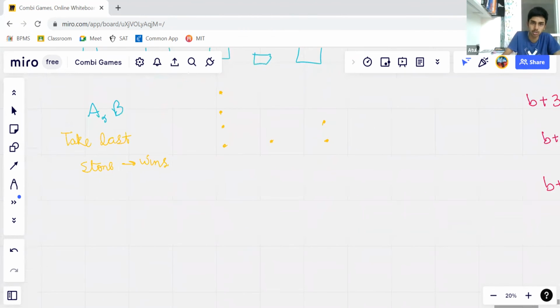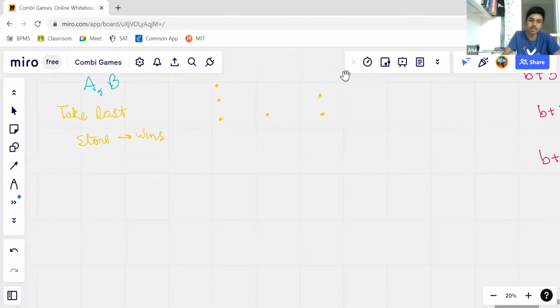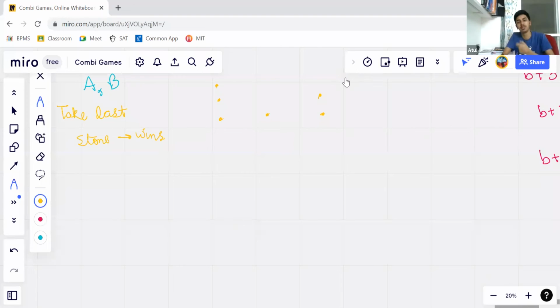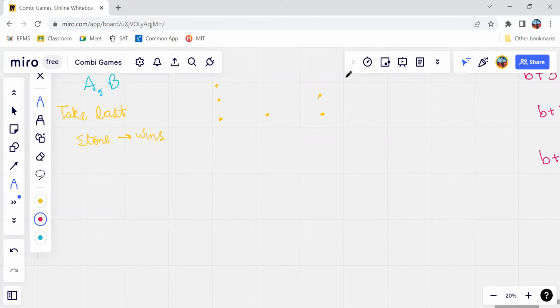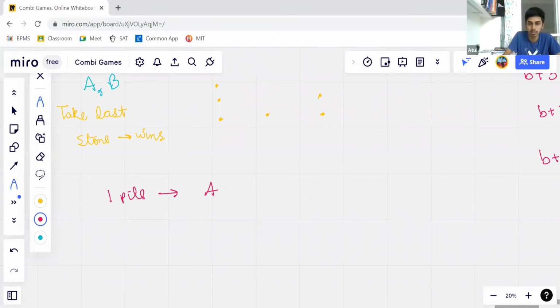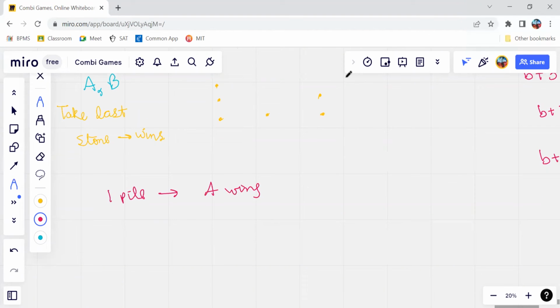Let's just do a couple of simple cases, and then I'll present the solution, because there's no point in me trying to motivate the actual solution. So for one pile, who wins? The first player. Yes. Just A wins because he just takes the entire pile.